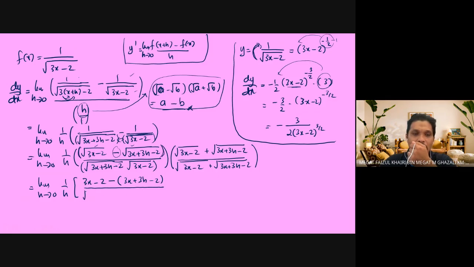We got square root of 3x plus 3h minus 2 multiplied with square root of 3x minus 2, and then multiply it with this one here, square root of this and this, 3x minus 2 plus square root of 3x plus 3h minus 2.